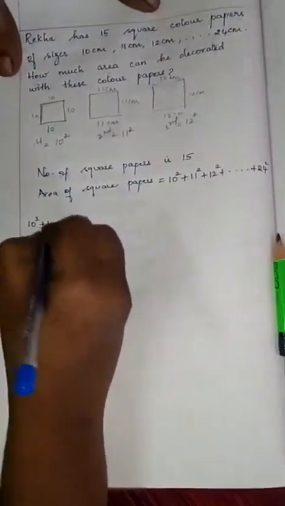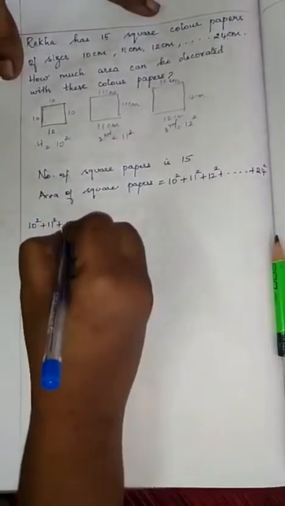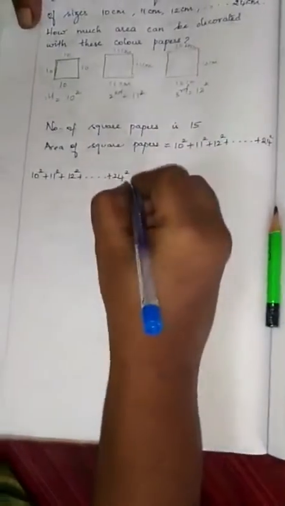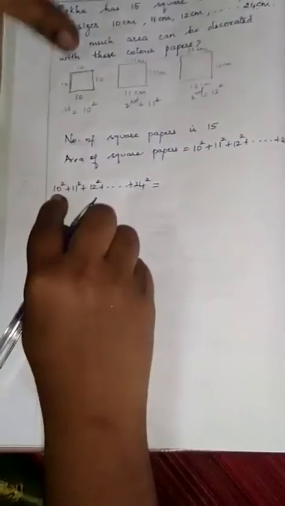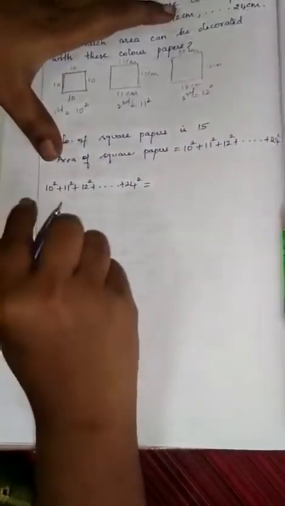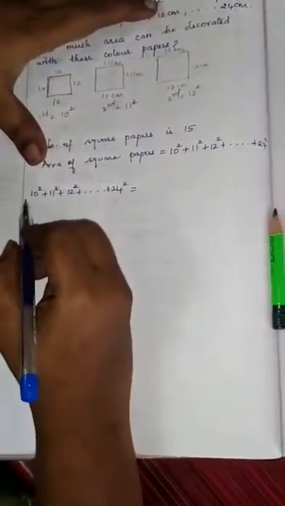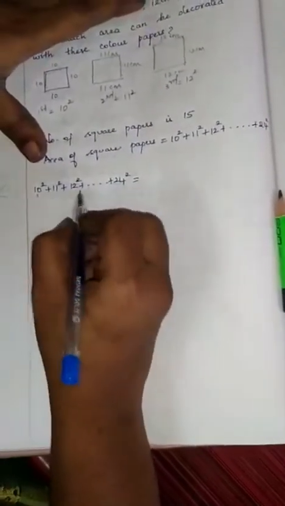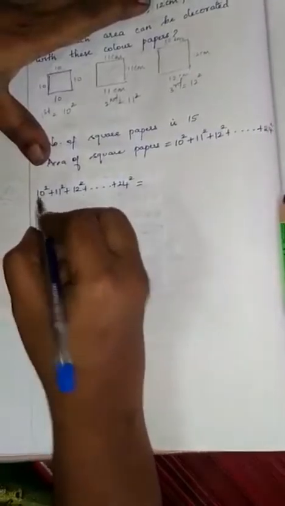10 square plus 11 square plus 12 square plus goes on still 24 square, that is equal to, so see here it doesn't start from 1. Already I have taught you, whenever you are going to add any series, the numbers should start from 1 and it should be continuous. Here it is continuous, 10, 11, 12, but it doesn't start from 1.